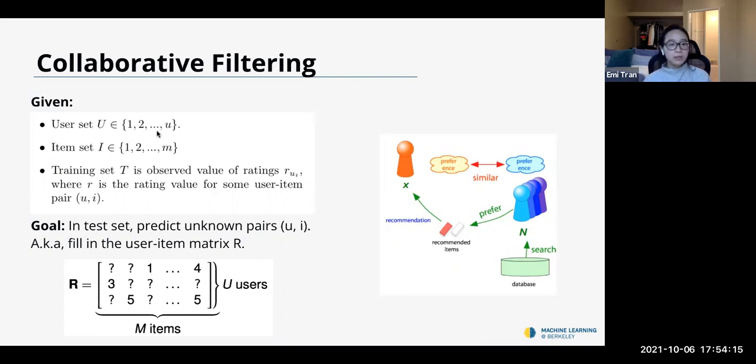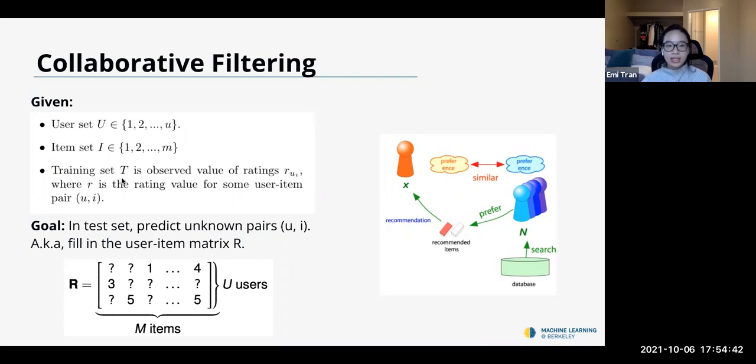The whole idea of collaborative filtering is that you have a user set U, from 1 to a certain number of users, and an item set I, and you're also given a training set T. The training set T is complete: it contains all of the ratings for all the users.